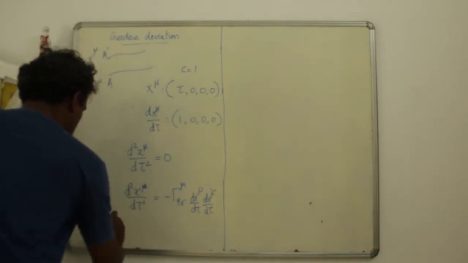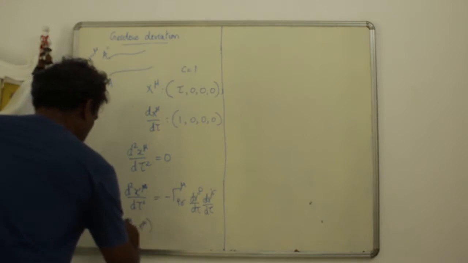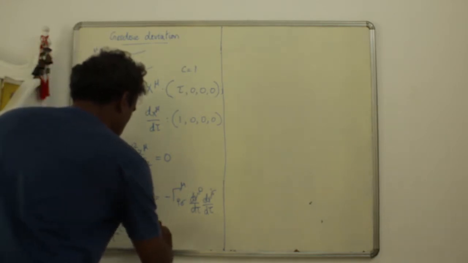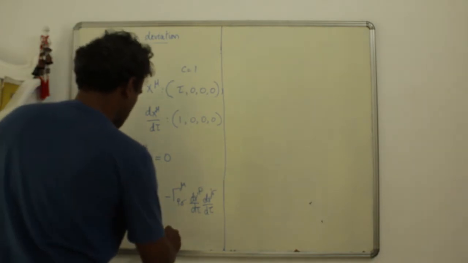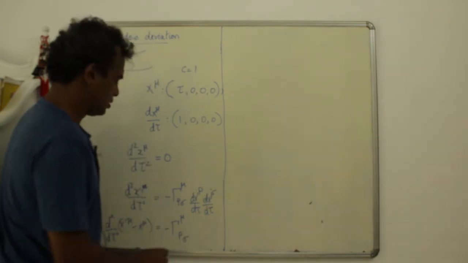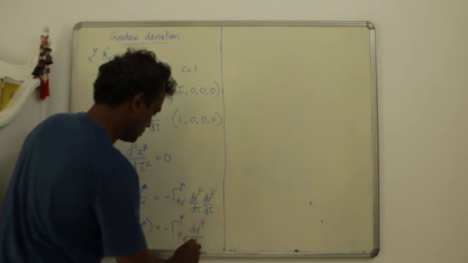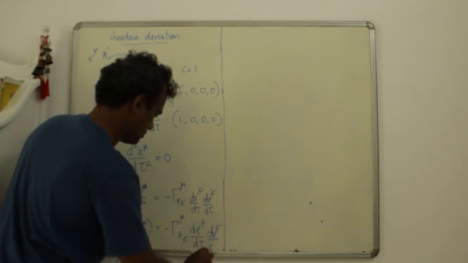If we take the difference, we get d square by d tau square of x prime mu minus x mu being equal to minus gamma mu rho sigma into dx prime rho by d tau dx prime sigma by d tau.